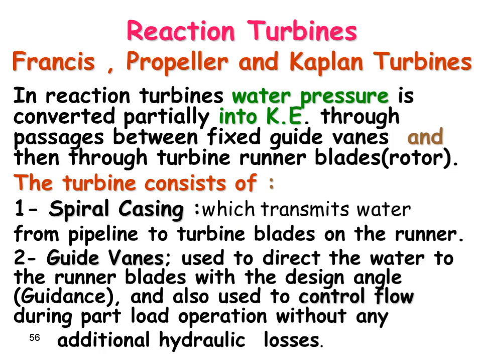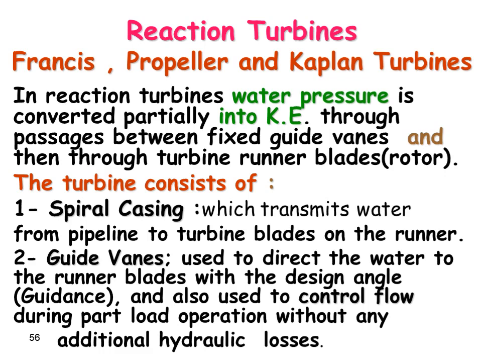The theory of reaction turbine and how it works: part of the water pressure is converted into kinetic energy through the passage between the group of guide vanes, group of fixed vanes, we call it guide vanes, and then the other part of pressure and the kinetic energy gained in guide vanes spacing can be converted into mechanical energy through the runner blades, the rotor, and then it will transfer through the shaft to the generator.